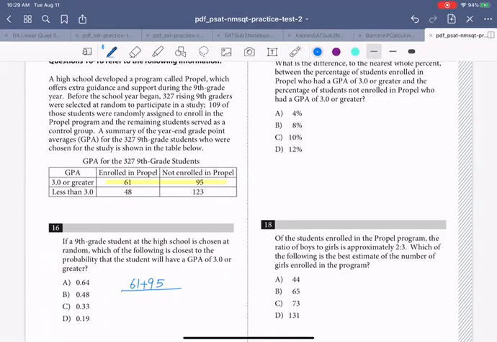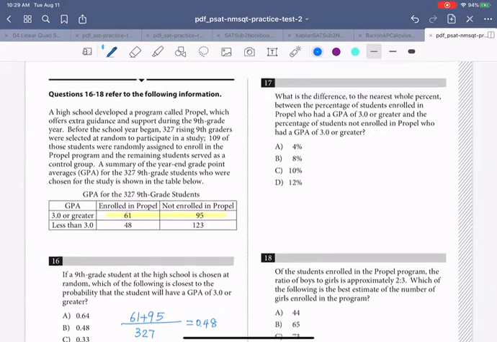How many total students? 327. Yes. So this is going to be your probability. That makes sense? Yes. All right.